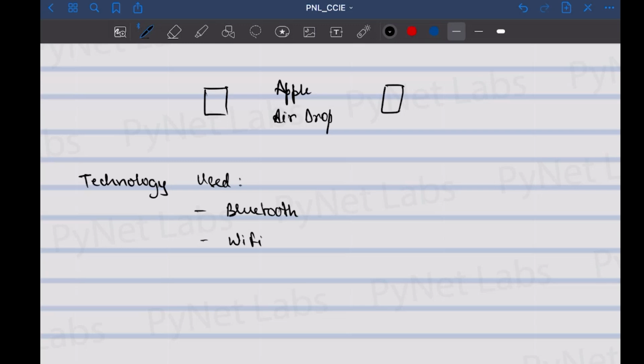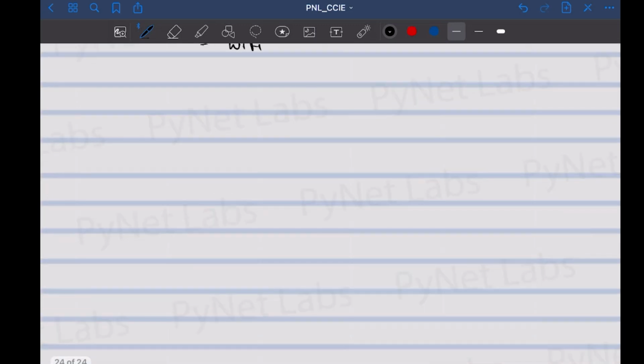Next is a very popular one, which we mostly observe when we speak about wireless LANs, infrastructure wireless LAN, the one that we were speaking about earlier, where we connect an access point.